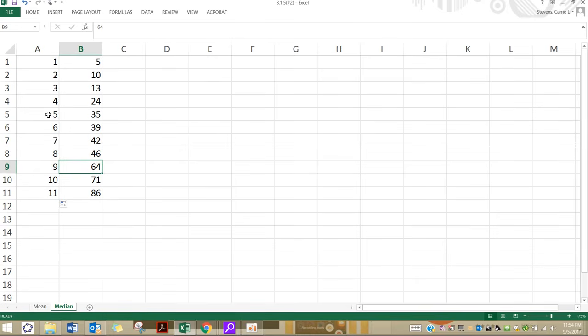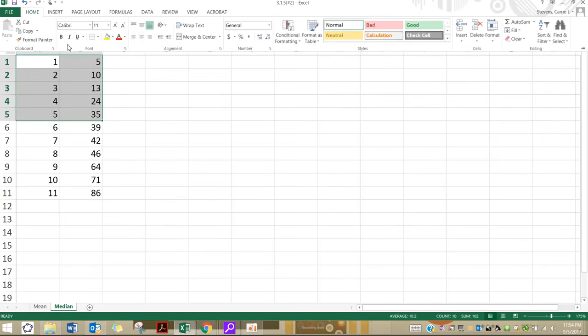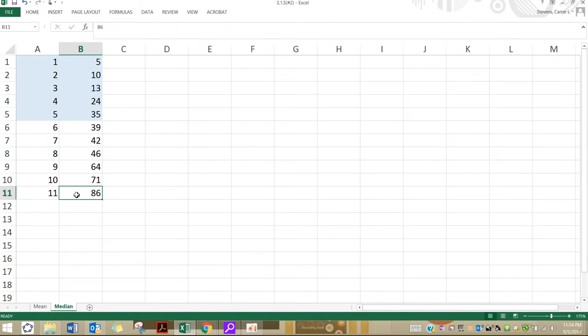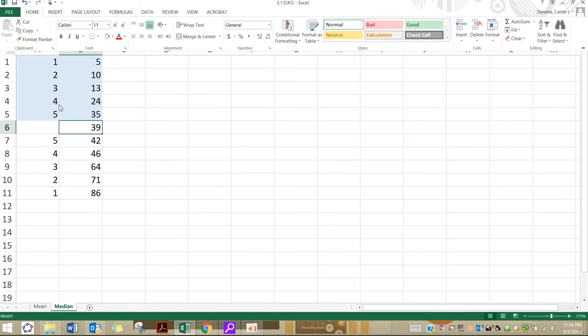So if I go in 5 values from one end, and you don't have to do what I'm doing right now, I'm just doing it to help visually, and then 5 values in from the other end, then I'll get that middle value, which is my answer.